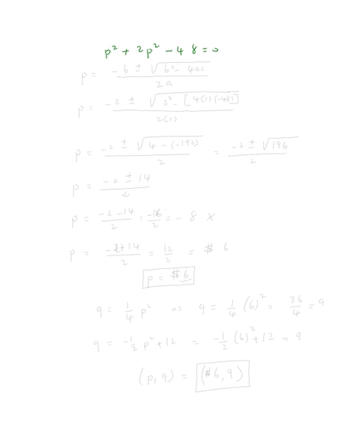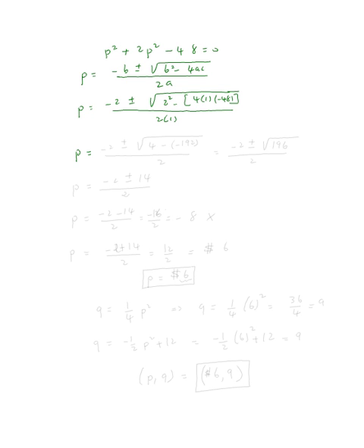Now we can just use the quadratic formula, which is p equals minus b plus or minus the square root of b squared minus 4ac over 2a. So in this case, minus b is minus 2 plus or minus the square root of b squared minus 4 times a times c. Everything divided by 2 times 1.